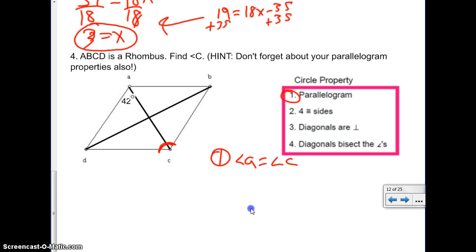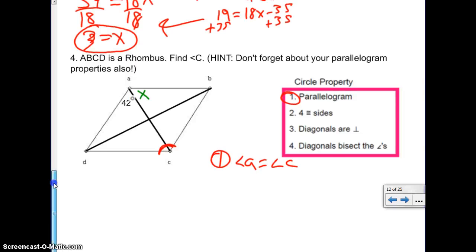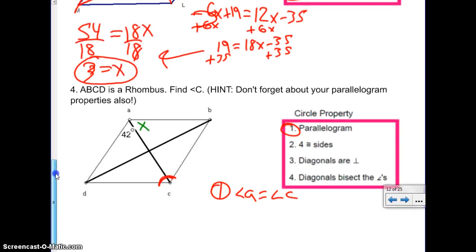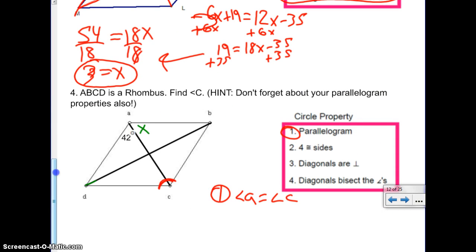However, we don't know everything in angle A, right? We're still missing this piece. So if we could find that piece somehow, we could solve this. But wait a minute. Just in this previous problem, we have the exact same thing. Remember the diagonals right here? They bisect the angle. So if this is 42, how much is x? X is 42 also.